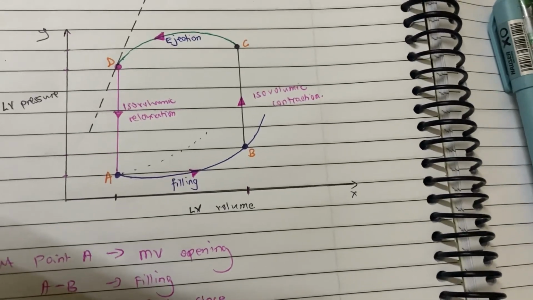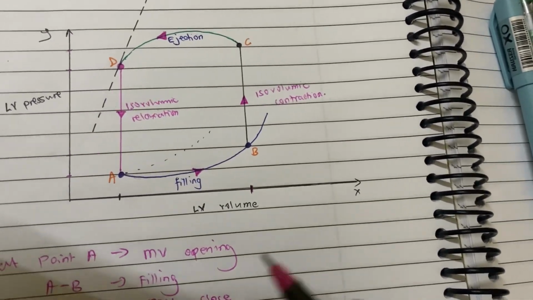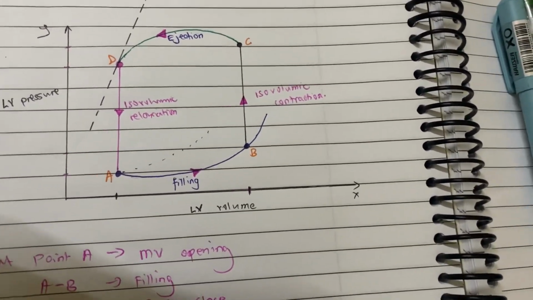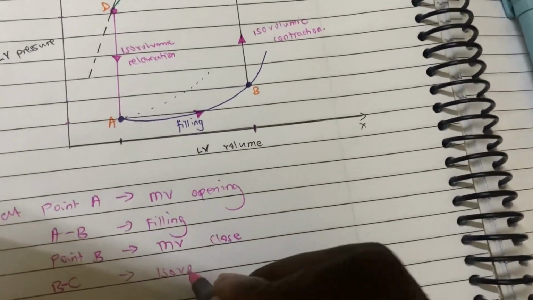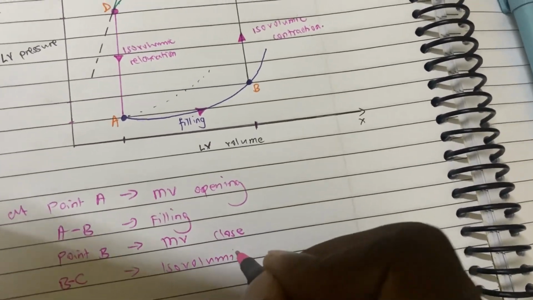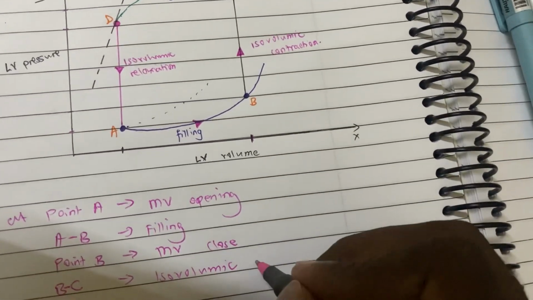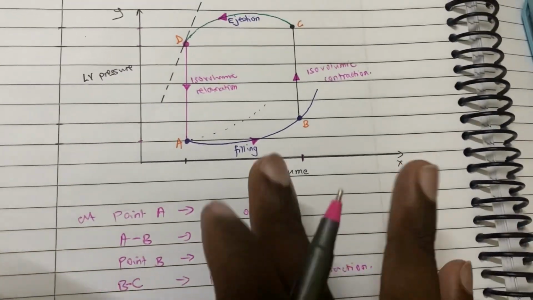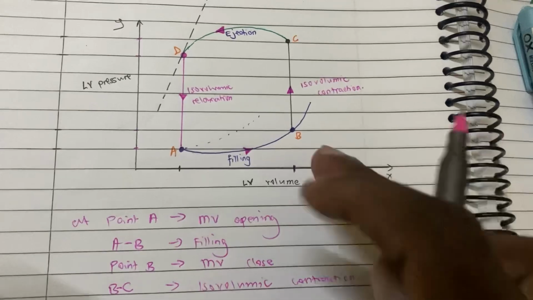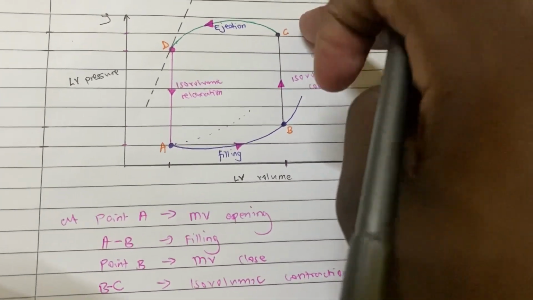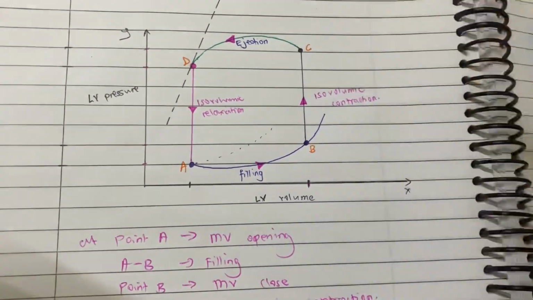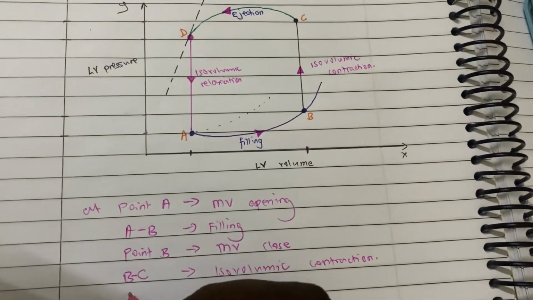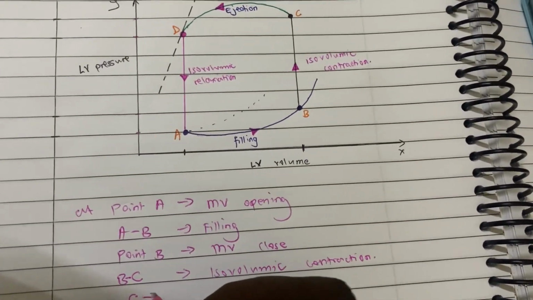BC we labeled already. BC is the isovolumic contraction. There we generate enough pressure to open the aortic valve. That is from the normal cardiac cycle. At point C, what happens?